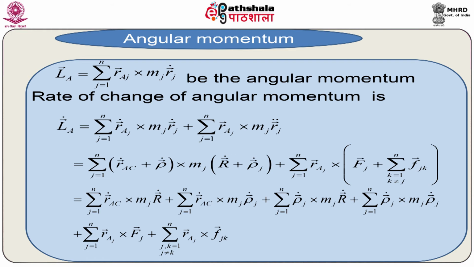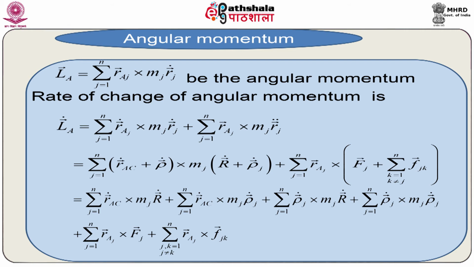Thus, we have LA vector dot equal to this one plus this one. This can be combined as this one, NA vector dot, where NA vector dot is equal to summation j equal to 1 to n r vector suffix aj cross f vector j.